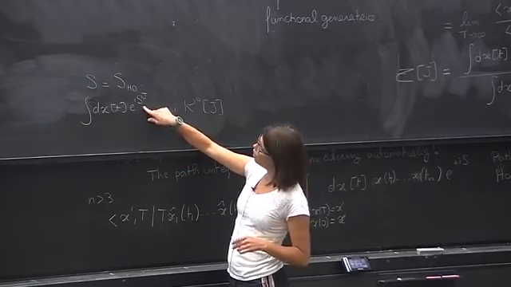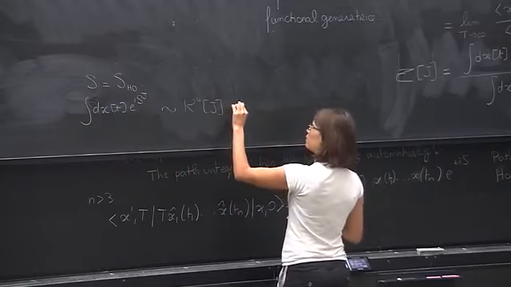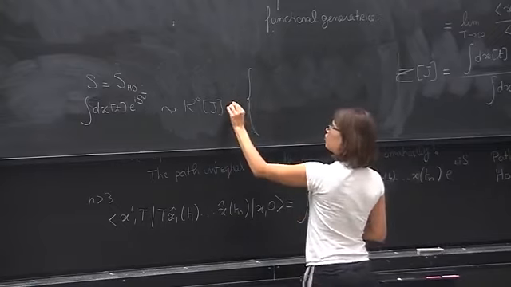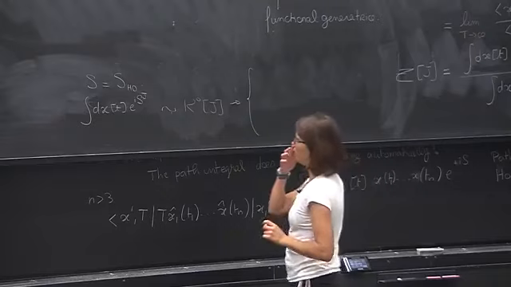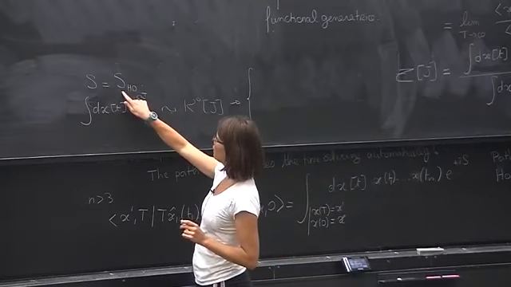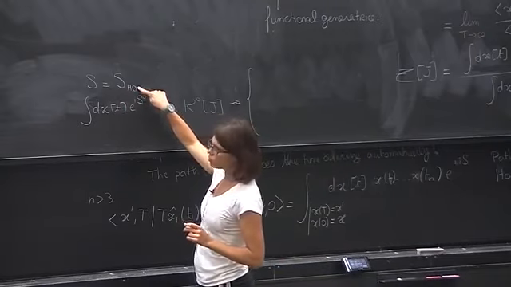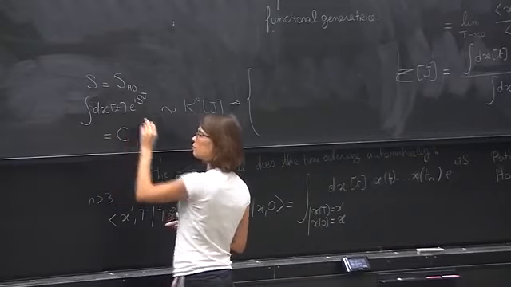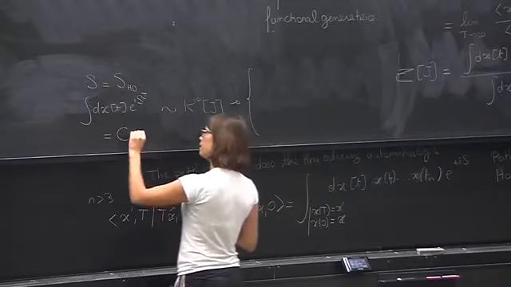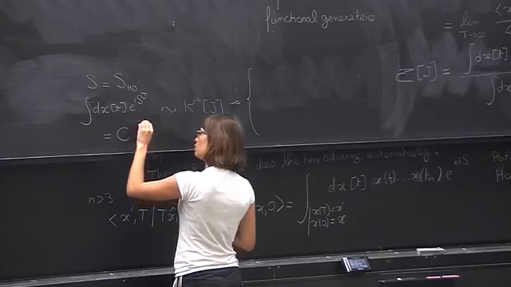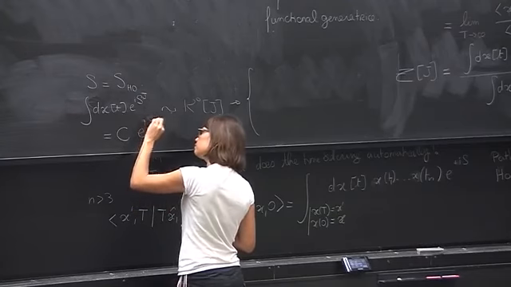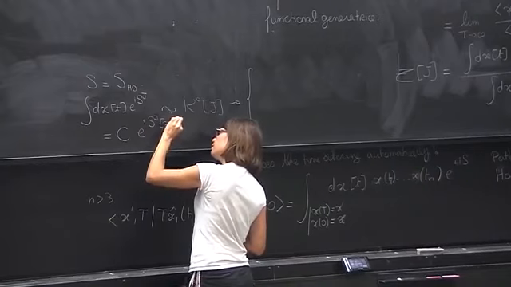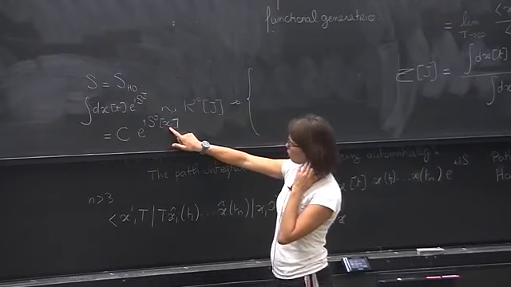So what are going to be the steps here? To compute this object, we assume that this is the harmonic oscillator, so you know that this is going to be of the form a constant with respect to J, and then an exponential evaluated at the classical path.